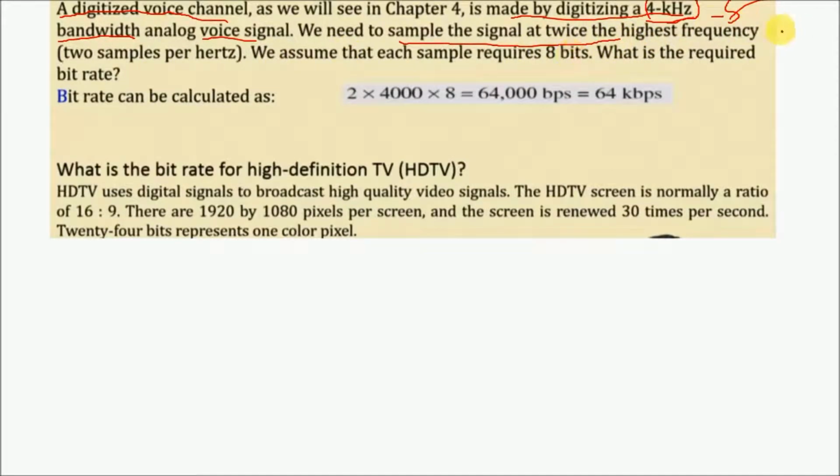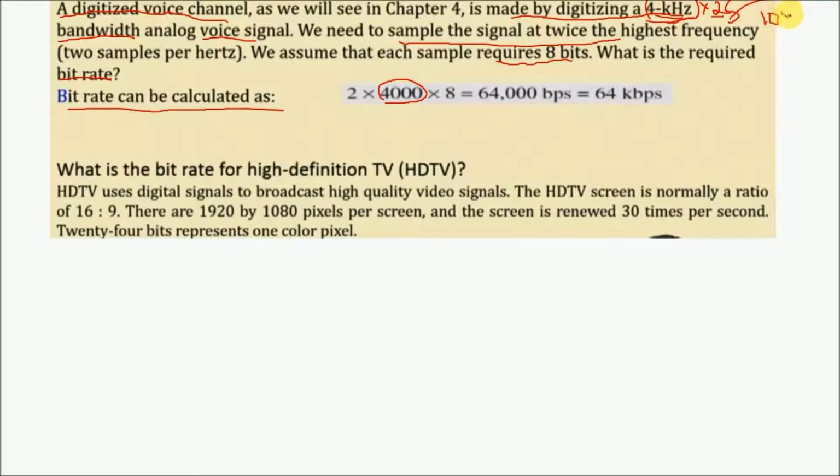So the sample rate will be 4 kHz multiplied by 2. If we multiply the bandwidth by 2, then we get the sample rate. And in every sample we require 8 bits. So what will be the bit rate? The frequency is 4 kilohertz.